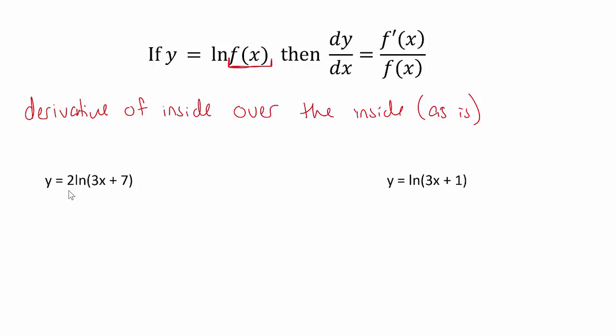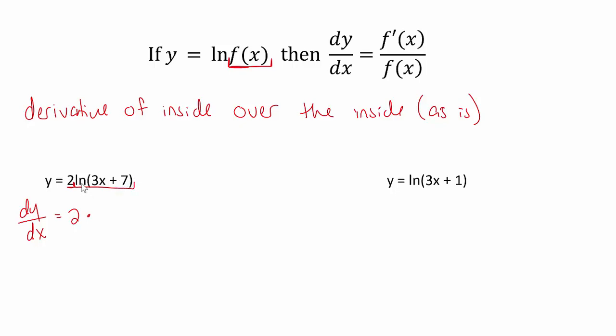Okay, looking at this one, you need to be careful because of this 2 right here. So if you know your rules of logarithms, you could move this 2 up as a power here, and then you'd be dealing with chain rule. Or you can understand that this is just 2 times all of this. And so when I take the derivative, I can look at it as 2 times the derivative of all of that.